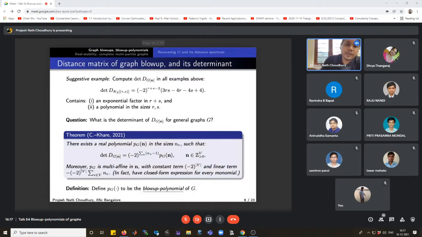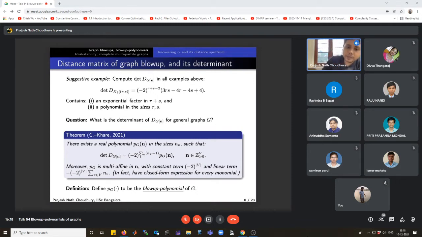The real polynomial PGM, what we define to be the blow-up polynomial of graph covers all possible blocks of the graph G, and this attains our first goal.